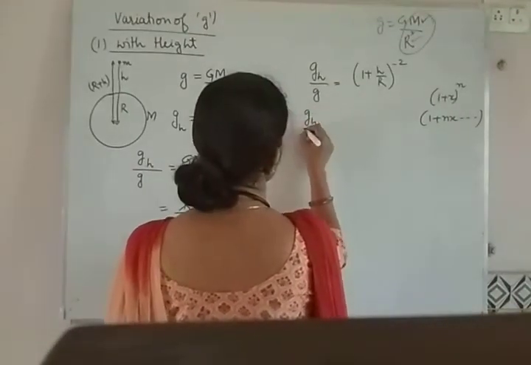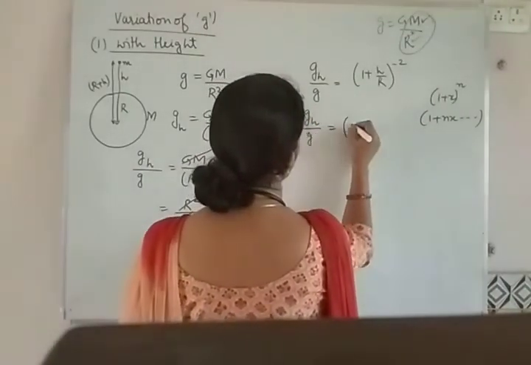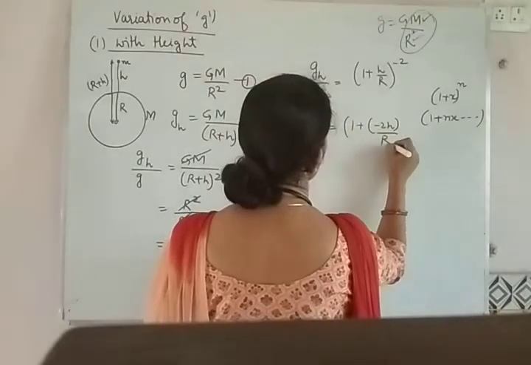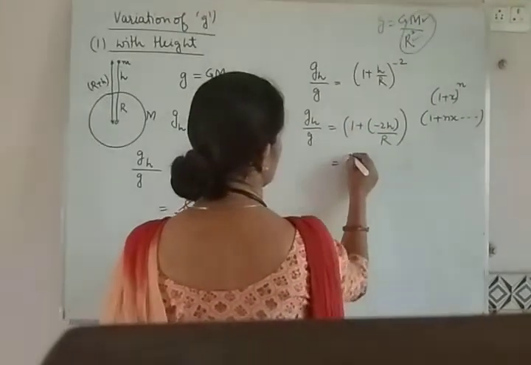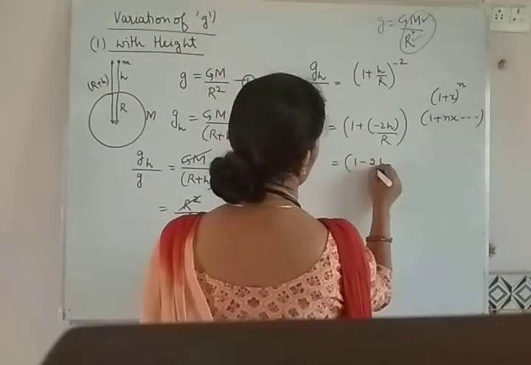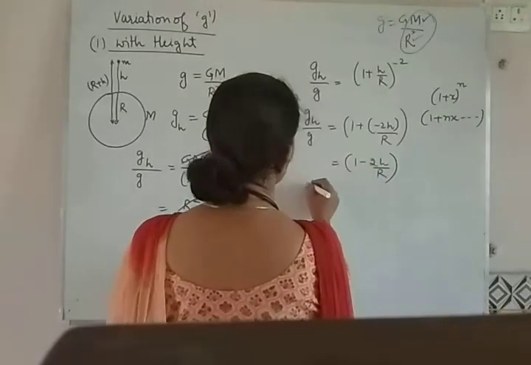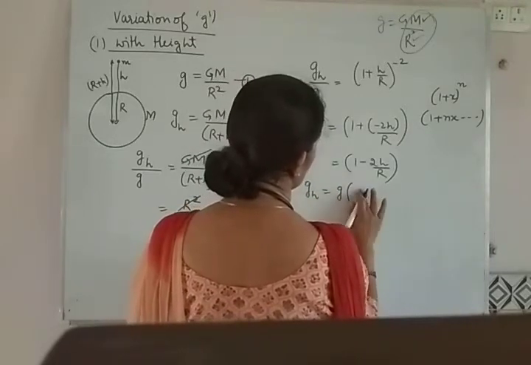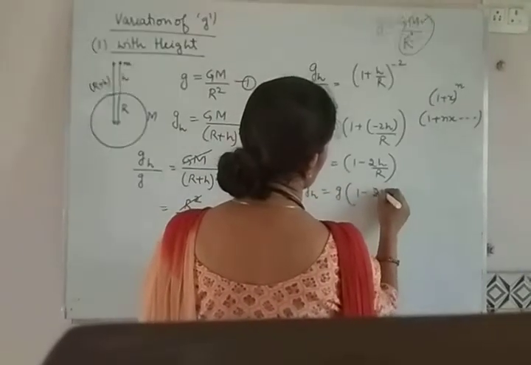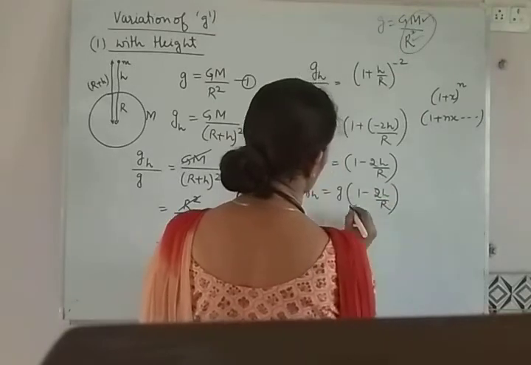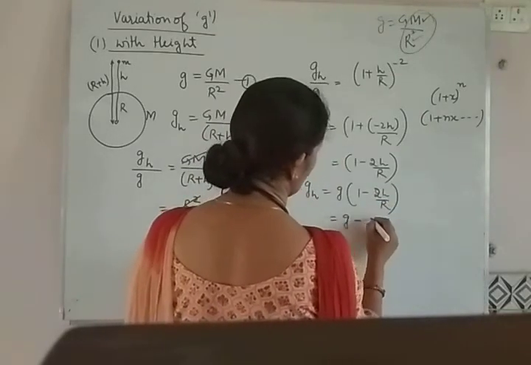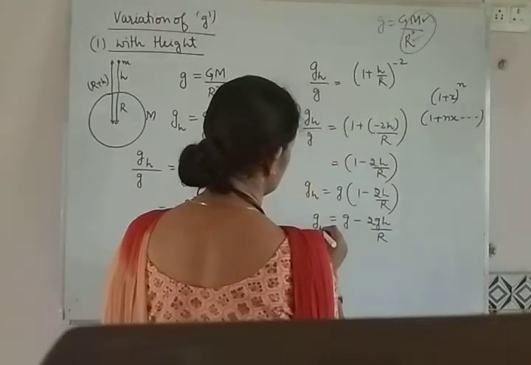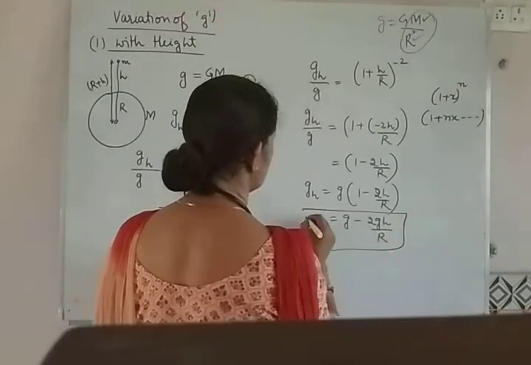So gh by g is equal to 1 minus 2h by r. So g at some height is equal to g into (1 minus 2h by r). Multiplying this, g minus 2gh by r. This is the value of g at some height.